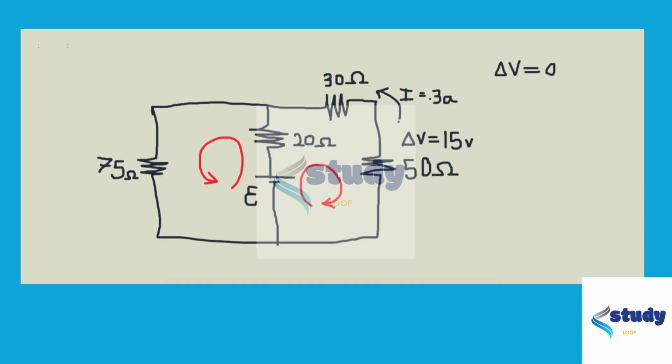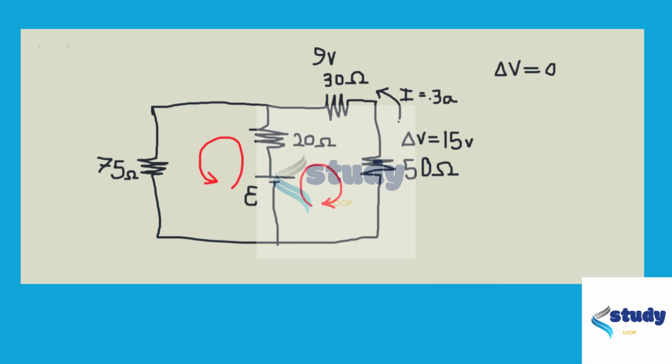Again, I'm not going to get into that just because we already did that in previous chapters. It's 9 volts. Great. So now we see that if we add together this 15 volt drop across the 50 ohm resistor and the 9 volt drop across the 30 ohm resistor, we're going to get 24 volts across this half of the circuit.